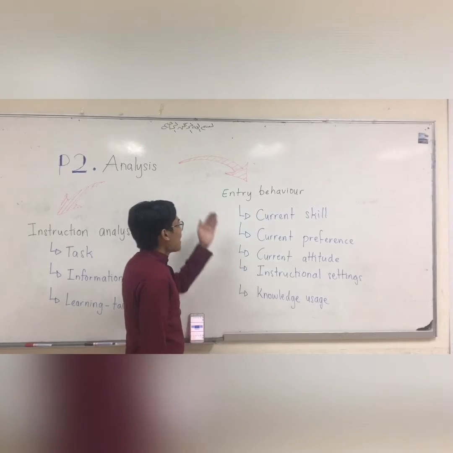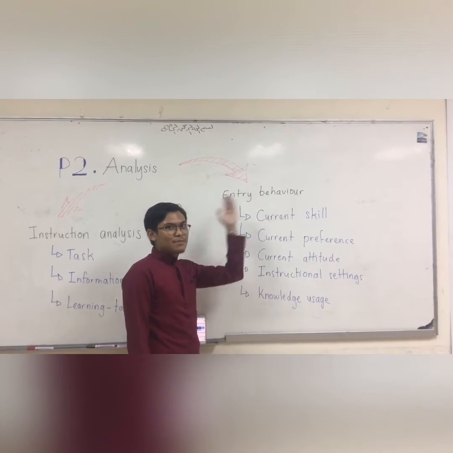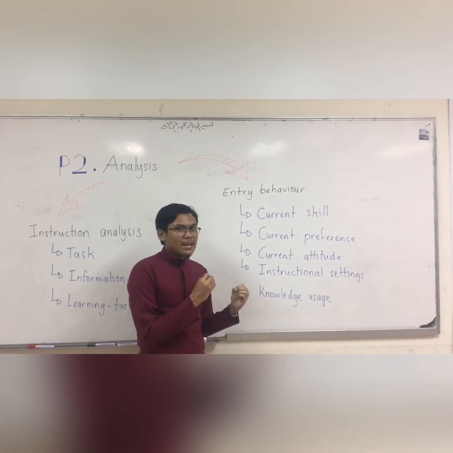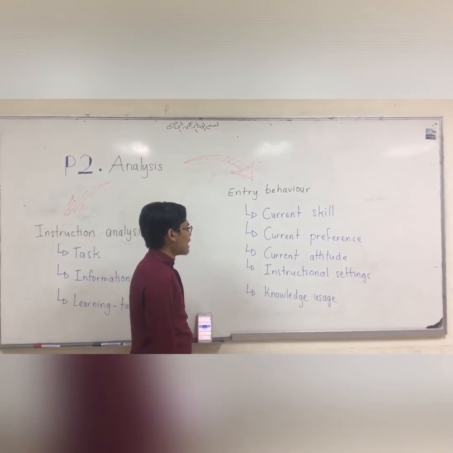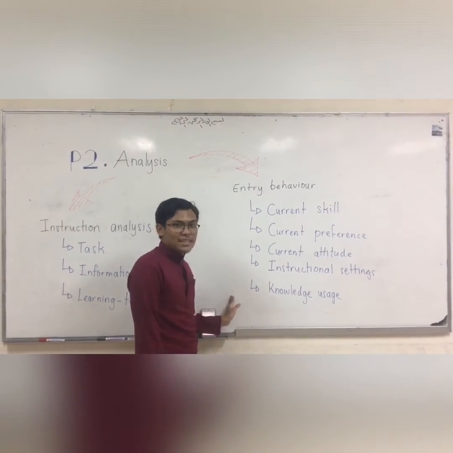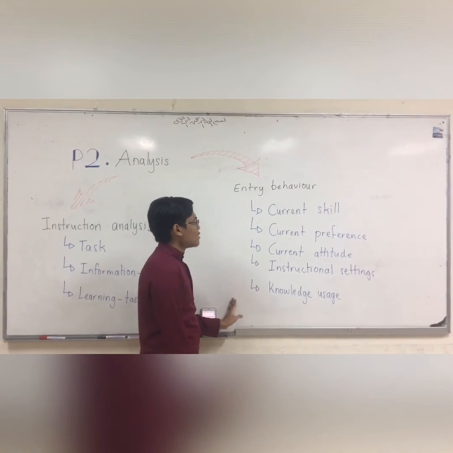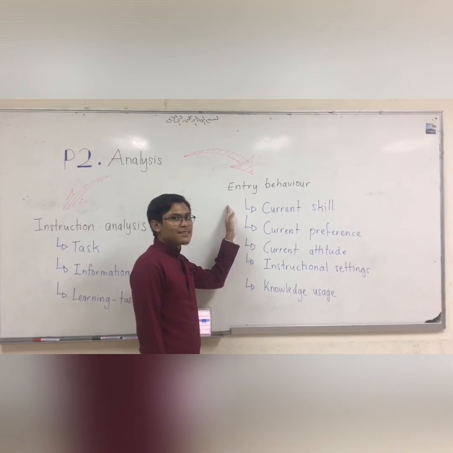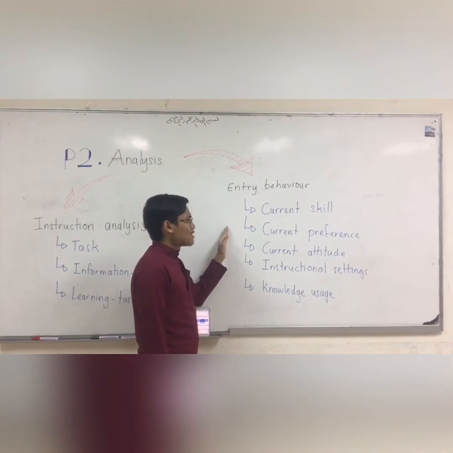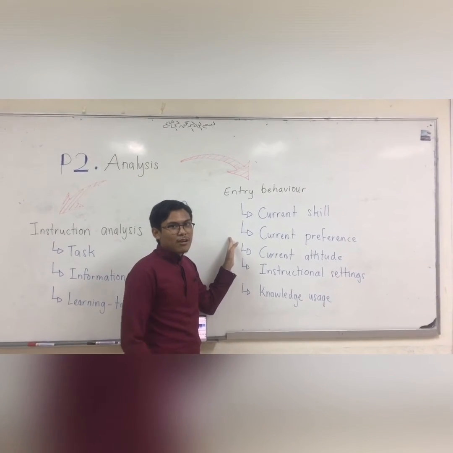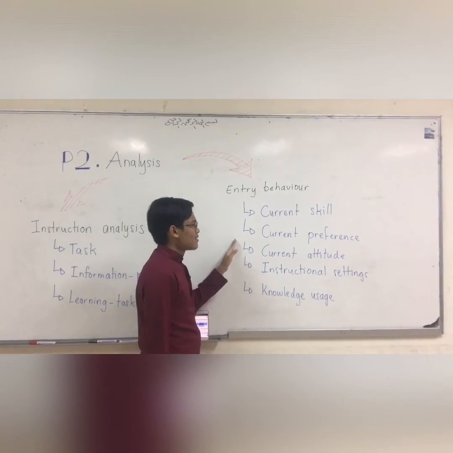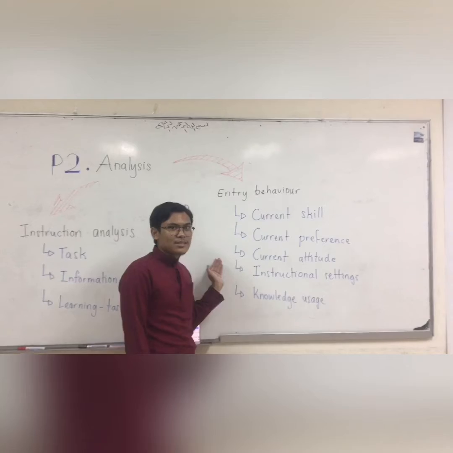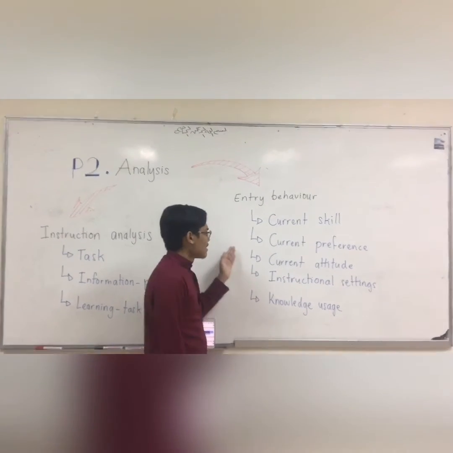Next, entry behavior. Entry behavior is about the students, their demographics. There are 5 things to consider on the entry behavior. First, their current skill. Second, their current preferred learning method. Third, their current attitude towards the learning.